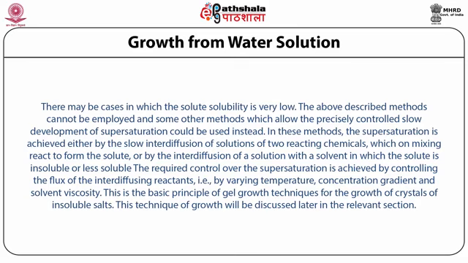The required control over the supersaturation is achieved by controlling the flux of the interdiffusing reactants, that is by varying temperature, concentration gradient, and solvent viscosity. This is the basic principle of gel growth, techniques for the growth of crystals of insoluble salts. This technique of growth will be discussed later in the relevant section.